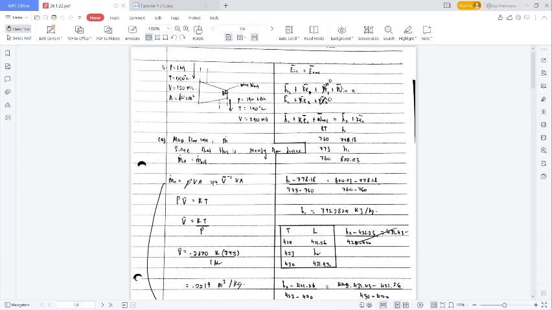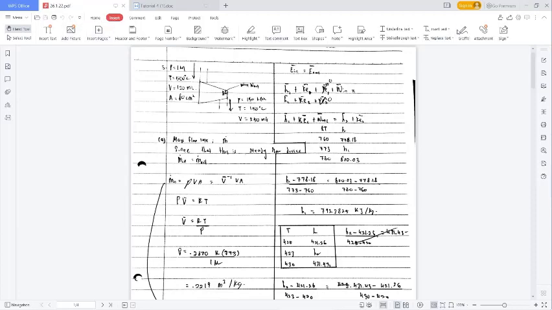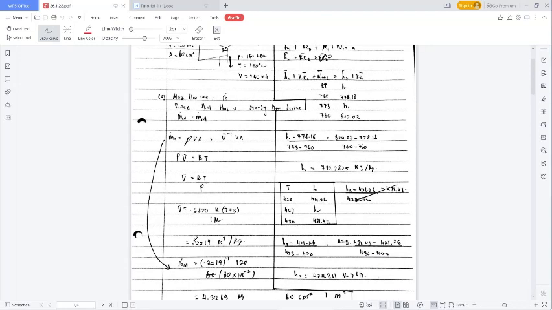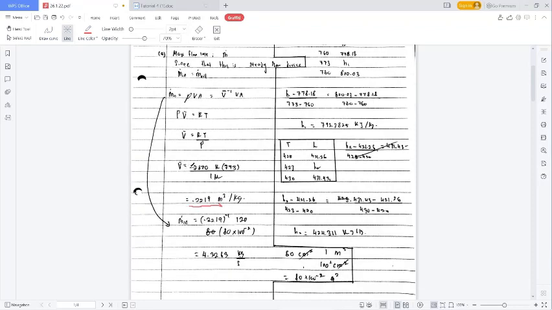The temperature at the inlet is 500 degrees C, but in this equation we need to use Kelvin, so you need to convert it to Kelvin. That's why 773, over the pressure at the inlet, 1 megapascal. So we will get, if my math is right, 0.2219. That is the specific volume in the unit of cubic meters per kg.